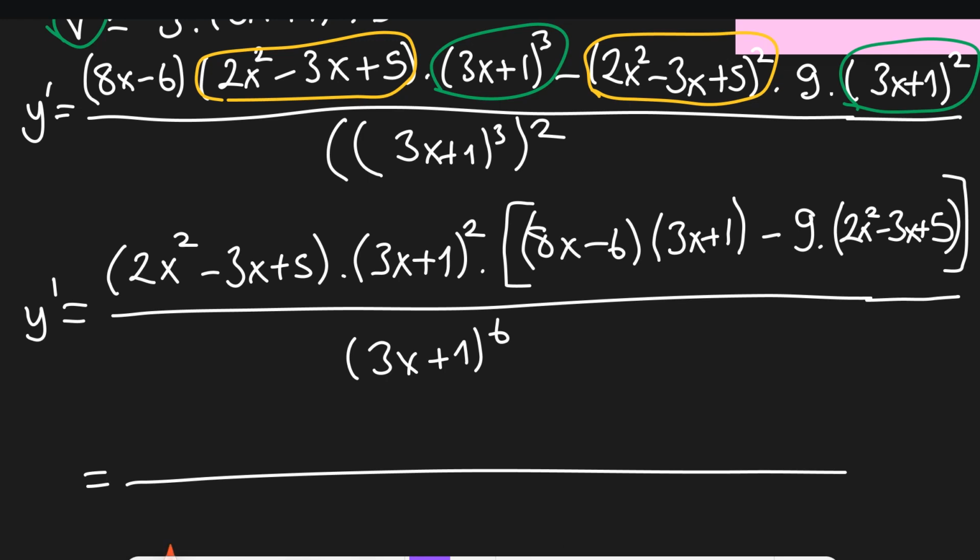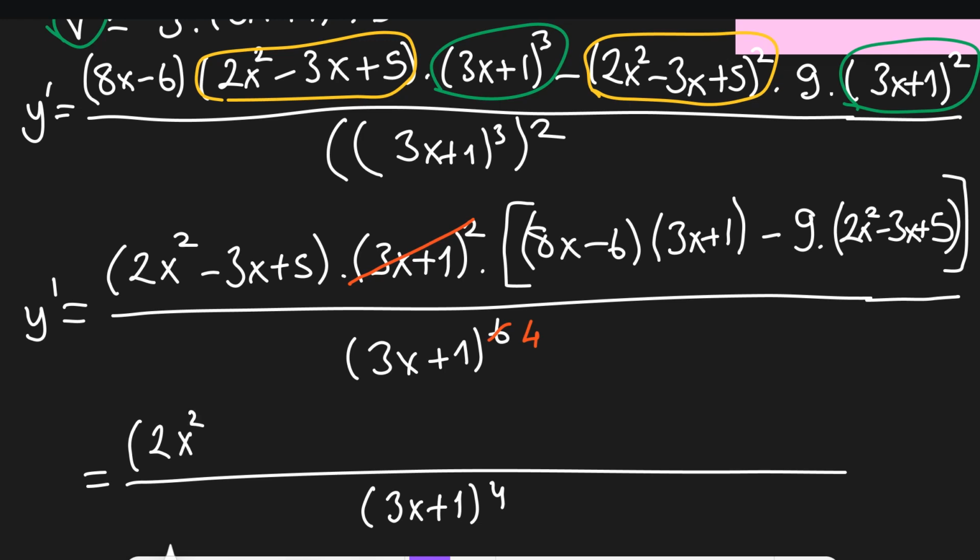Also 3x plus 1 squared in both numerator and denominator. We can divide it out of both and we end up with 3x plus 1 to the 4th power in the denominator.